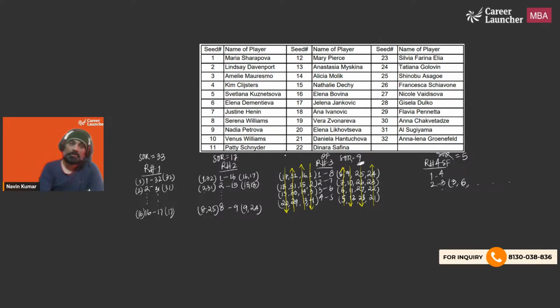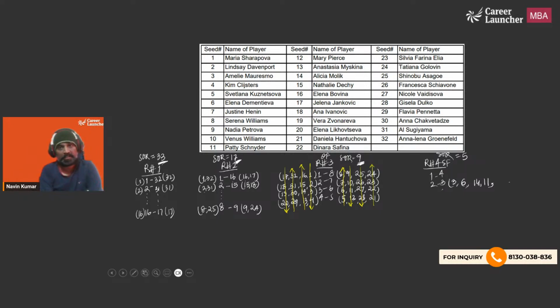After you are done with all the combinations, you go to the round before that. Now I need 17 as the sum. So 3 plus 14 is 17. 6 plus 11 is 17. Done with round number 2, sum of ranks 17. All the combinations done. Nothing is left. The pair for 3 for 17 is made, for 6 is made, for 11 is made, for 14 is made. Then you go to the previous round.